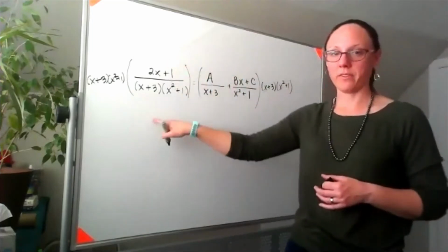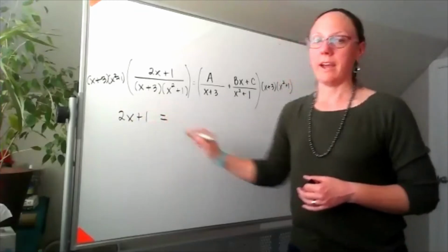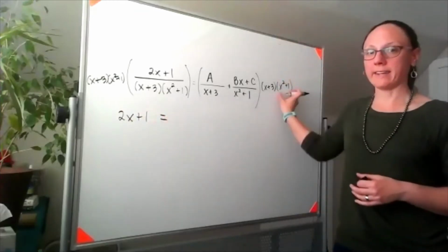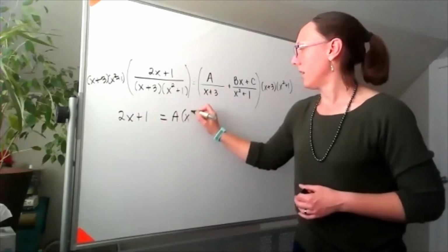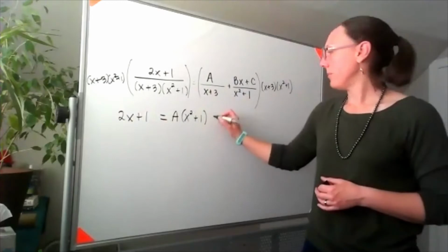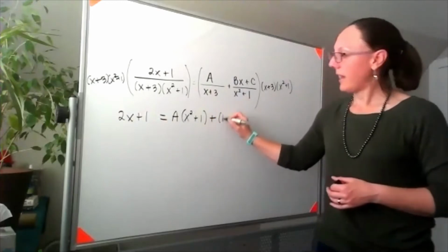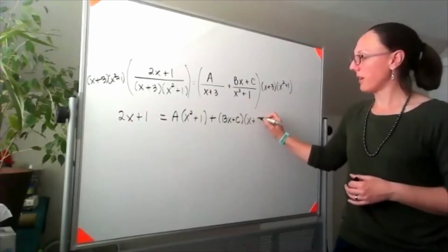Distributing that through, on the left-hand side, I get 2x plus 1, and on the right-hand side, when I distribute this out, my a will be multiplied by x squared plus 1, and then bx plus c will get multiplied by x plus 3.